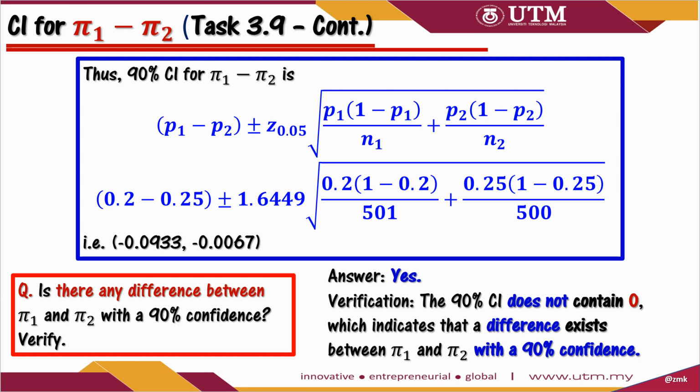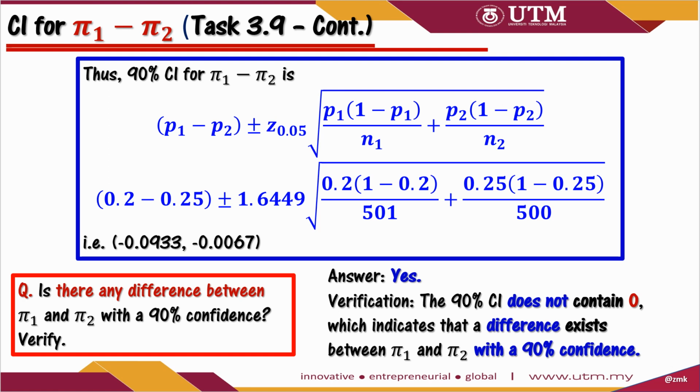In short, for any confidence interval for pi1 minus pi2, we can consider a zero value to be a reference value or an indicator to decide whether the two population proportions are expected to be different or not with a certain degree of confidence.